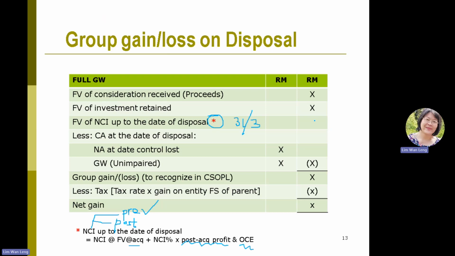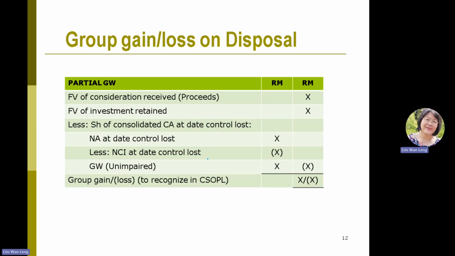Add everything together, that will give you the figure here. So you just need to memorize two pro forma.